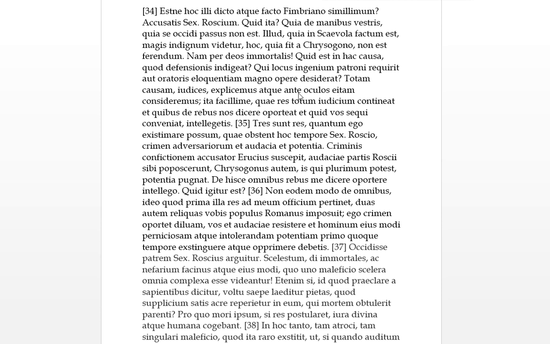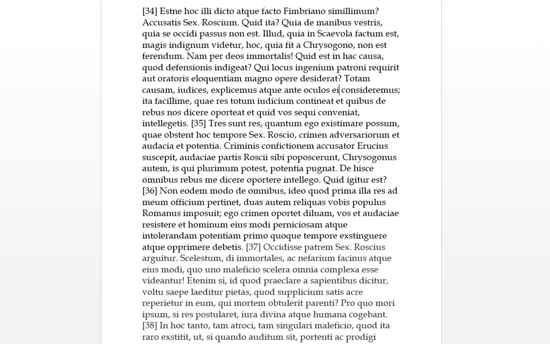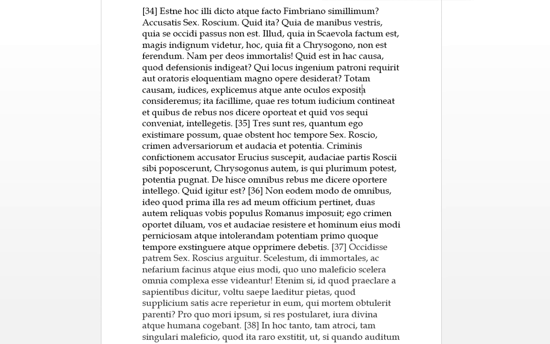We shall consider this before your eyes. So the whole case, gentlemen, we will unroll and we will consider it or weigh it up before your eyes. Okay, so this is actually in the lobe. It says expositam. Expositam. Okay, so we'll unroll this and we'll lay it out before your eyes for consideration.